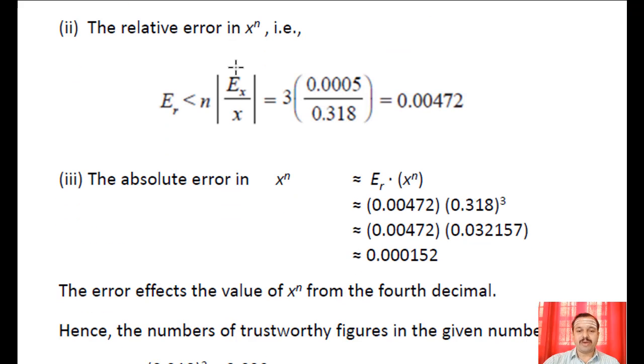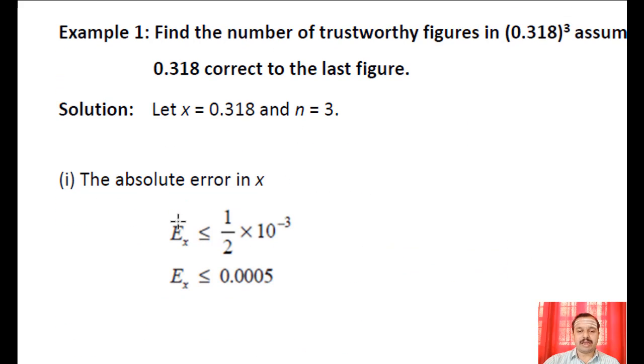The relative error in x to the power n is this thing. In this formula we want ex, which is the absolute error associated with the base number x, that we have to determine. So first I am doing that calculation. First we are finding the absolute error in x.